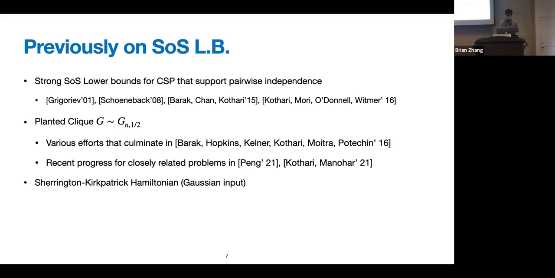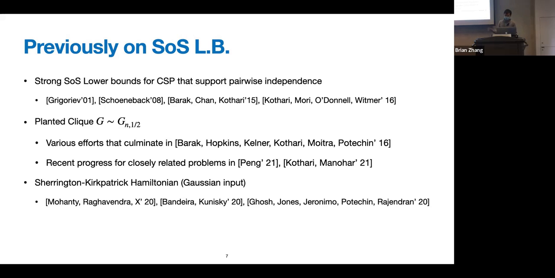Also, for other dense graph problems, we also have the Sherrington-Kirkpatrick Hamiltonian. If you're not familiar with that, just consider it as max cut on random graph, max cut on Gaussian input graph. And this is also resolved in the work by Ghosh, Jeronimo, Jones, Potechin, Rajendran.